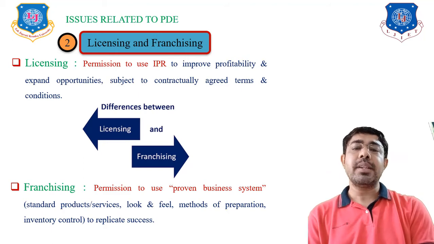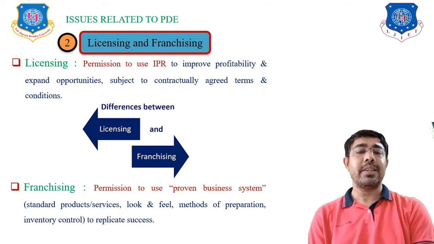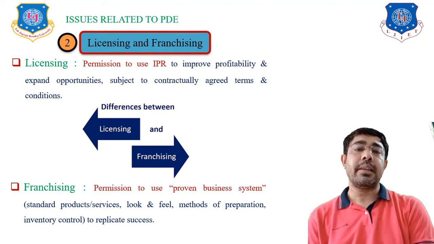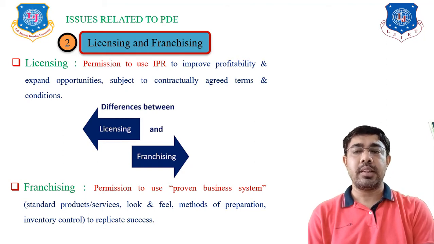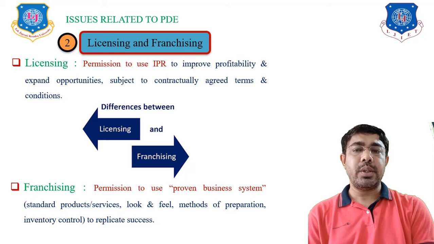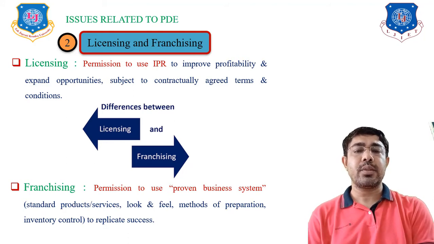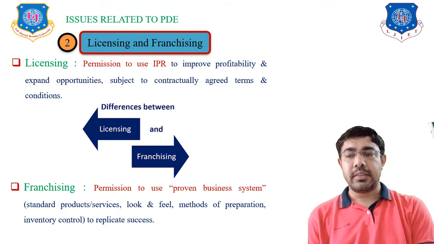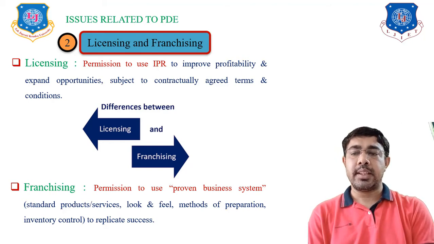It is nothing but permission to use proven business models or business systems. Whatever established business models or systems exist can be used, or you can say replicated, to replicate success. Here the franchisor gives the franchise to any XYZ, and the purpose is to get permission to use the proven business models.